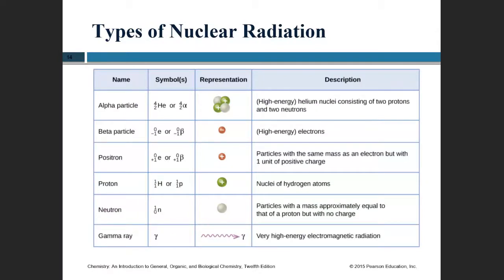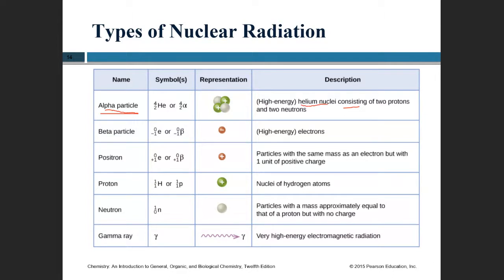So again, let's study this table. The first type of particle is the alpha particle. The alpha particles are high energy helium nuclei consisting of 2 protons and 2 neutrons.